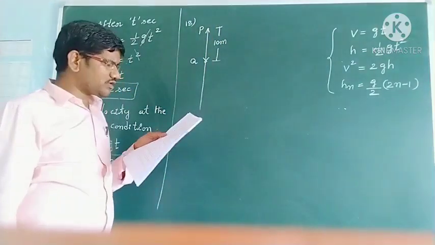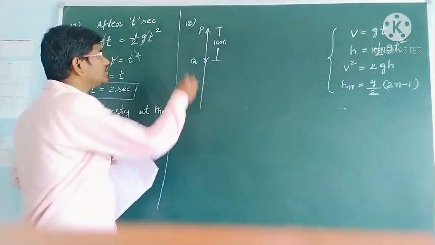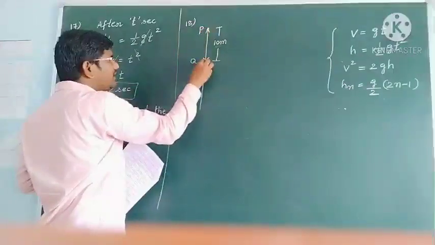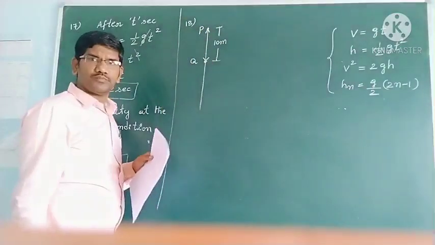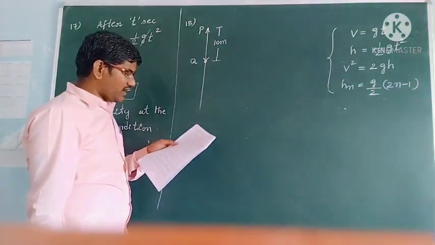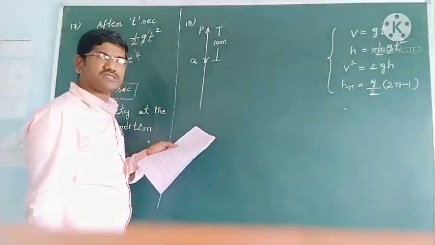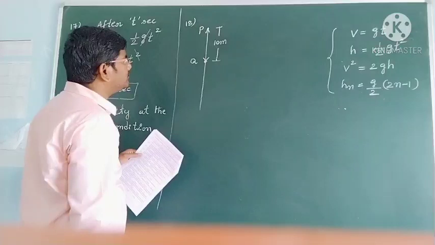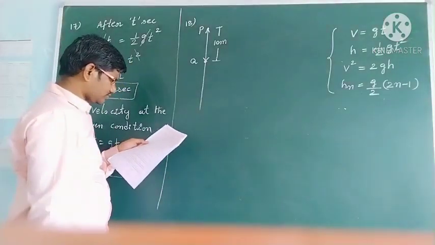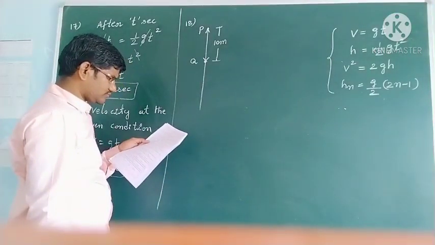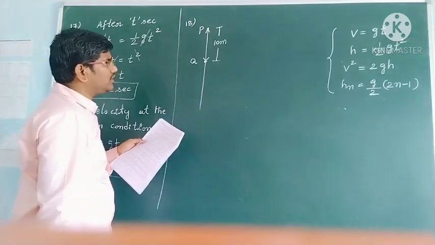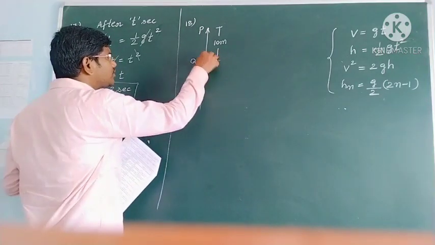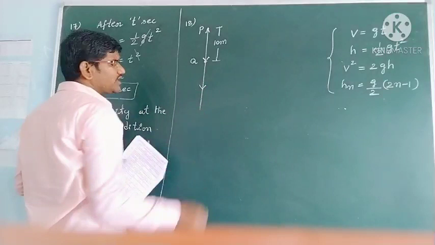Two bodies are dropped freely from 2 points. So the first object is from P and the second object is from Q. Both are freely falling bodies. After 10 seconds of free fall, they are asking the distance of their separation. At the same time both the objects are dropped, so they are coming in the downward direction.